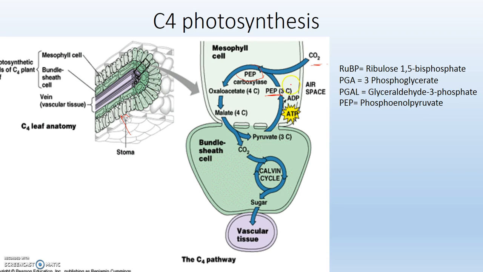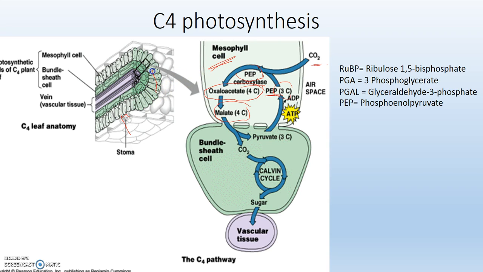As soon as this 3-carbon picks up this carbon dioxide, it becomes a 4-carbon molecule, oxaloacetate. 3 plus 1 will become 4. The enzyme that speeds up this reaction is phosphoenol pyruvate carboxylase. So oxaloacetate forms malate, which is again a 4-carbon compound, in the mesophyll cells.